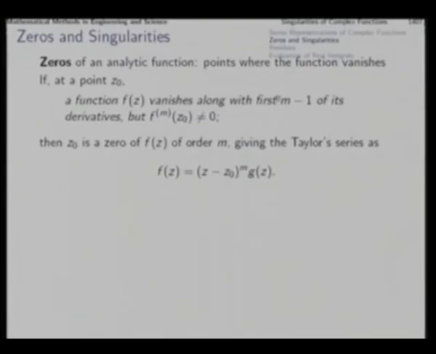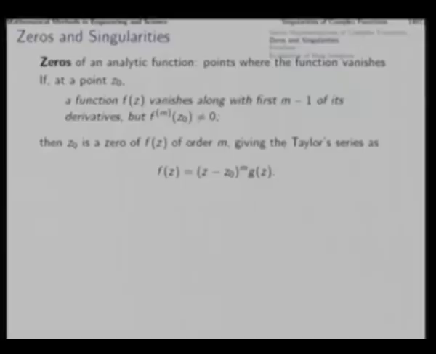If m is 1, that means only the function vanishes, not even the first derivative, then that will be a simple 0. If up to the first derivative vanishes, then you call it a double 0. So, if the first 5 derivatives vanish along with the function value, then you say this is a 0 of order 6 and so on.